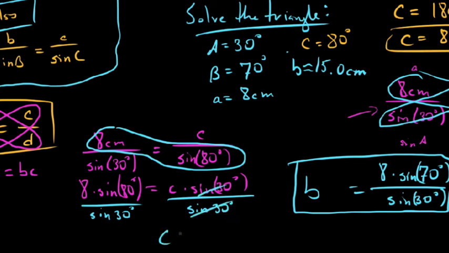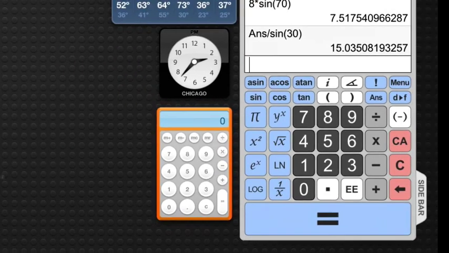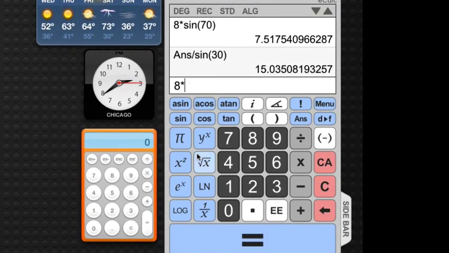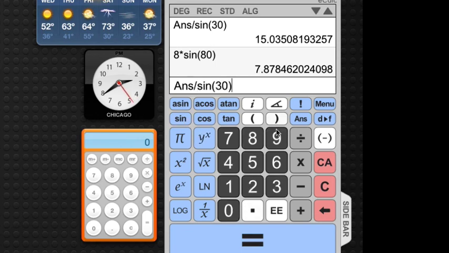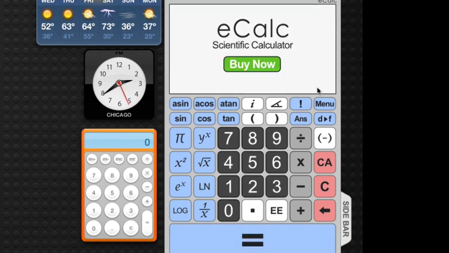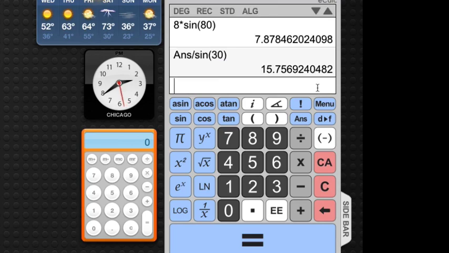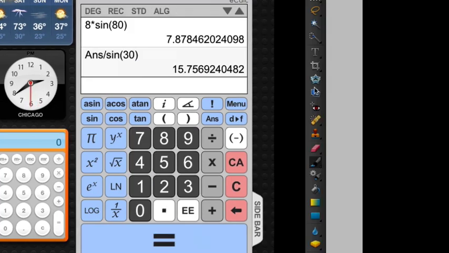And we get c is approximately 8 times sine 80 divided by sine 30. So we have 8 times sine 80, enter, divided by sine of 30 degrees, enter. And we come out with approximately 15.7 or 15.75.